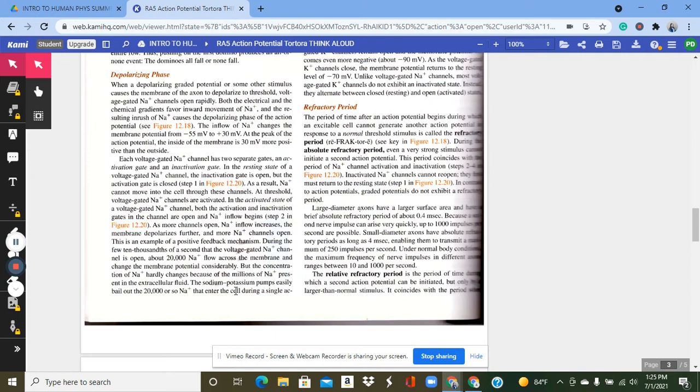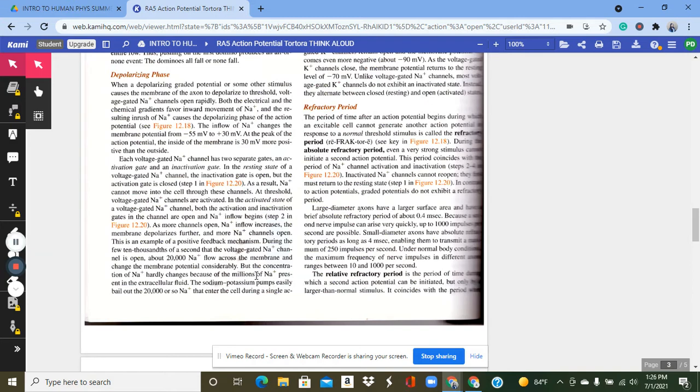The membrane depolarizes further, and more sodium channels open. This is an example of a positive feedback mechanism. During the few ten-thousandths of a second that the voltage-gated sodium channel is open, about 20,000 sodium ions flow across the membrane and change the membrane potential considerably.